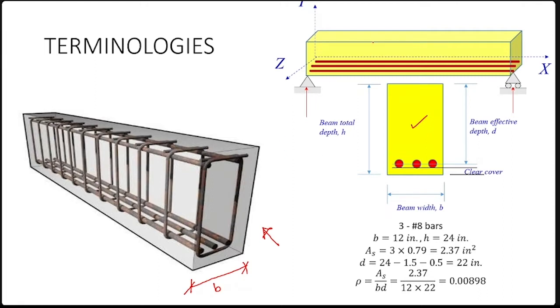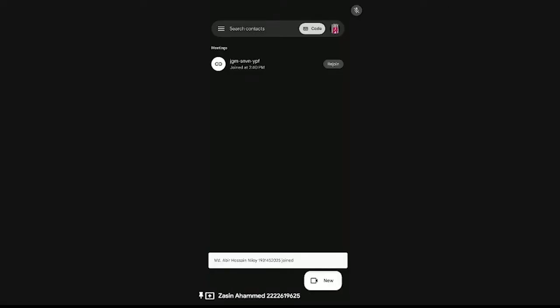The same beam is drawn here as a three-dimensional figure, and this is the cross section. So beam width is here. You can look at it in three dimensions or whatever. This dimension is called the beam width. By the way, I need to open another PowerPoint file today. I'll share the file with you today.